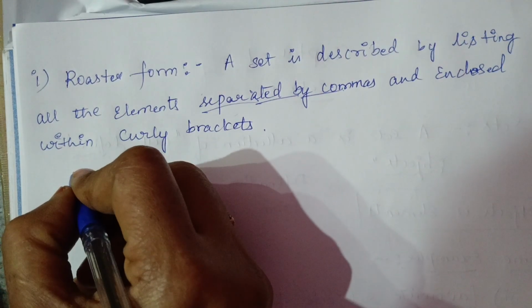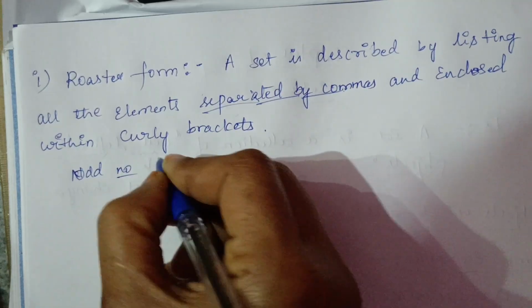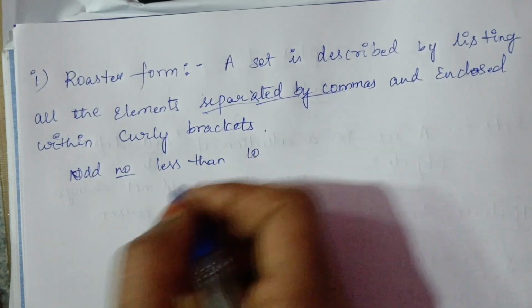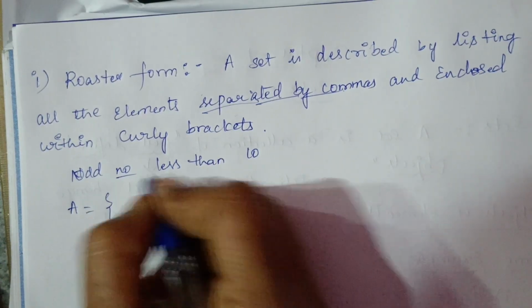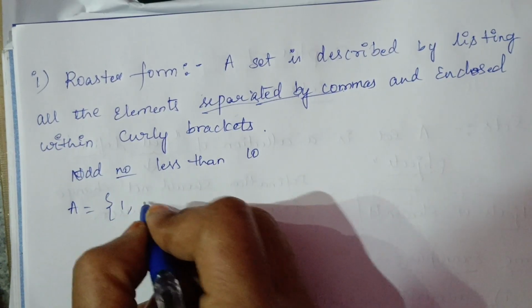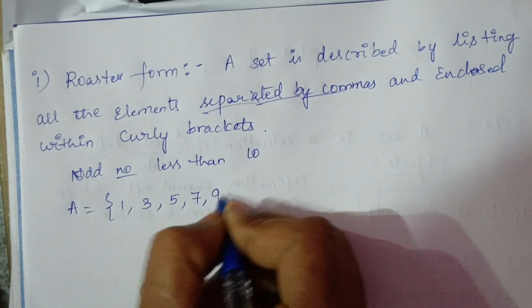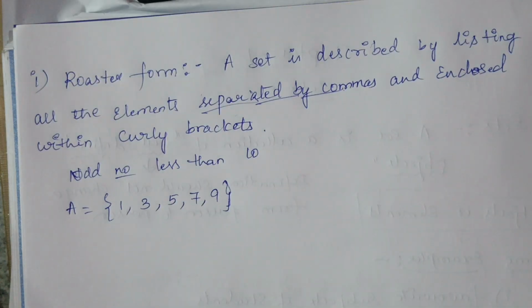Now if we take odd numbers less than 10, how will we write it in roster form? A set is written with a capital letter: A equals {1, 3, 5, 7, 9}. This is the set, and this is how we represent the roster form.